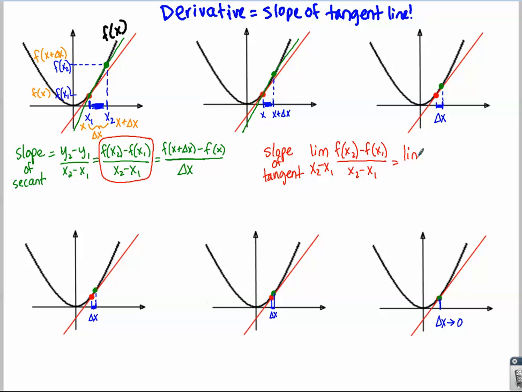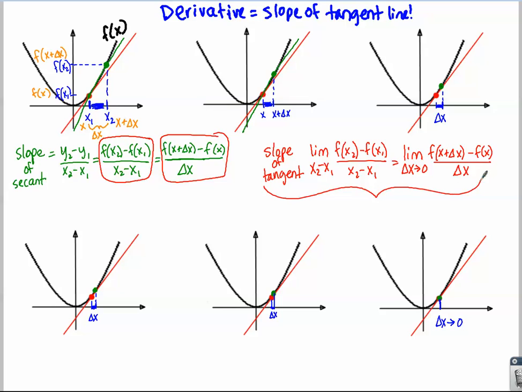Or we can say, using this difference quotient, the limit as delta x gets so small it looks like it's approaching 0 of f of x plus delta x minus f of x over delta x. And this right here is called the derivative.